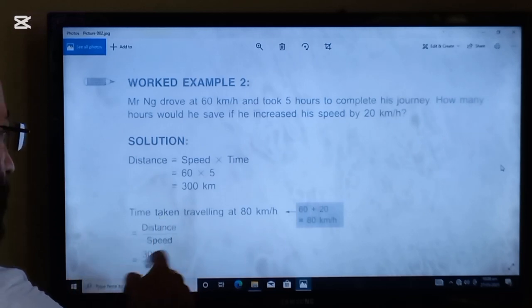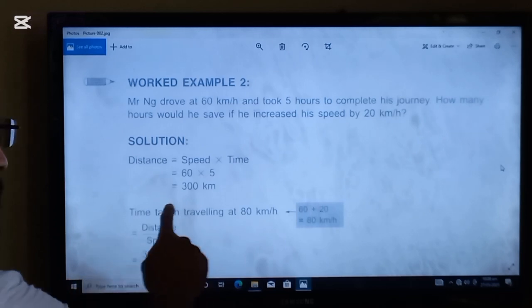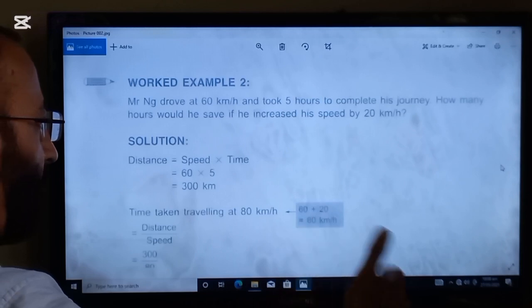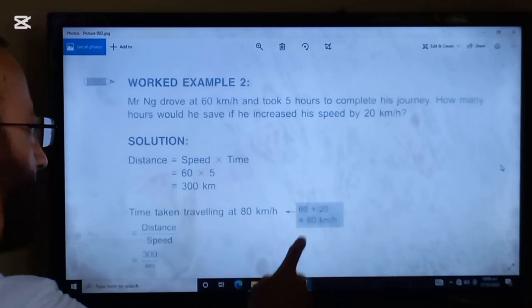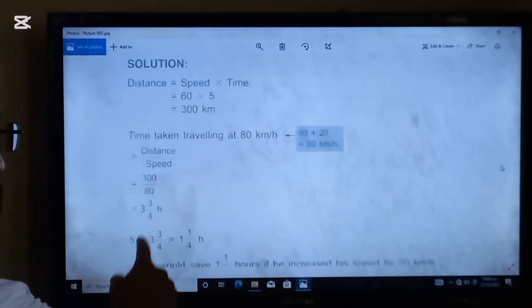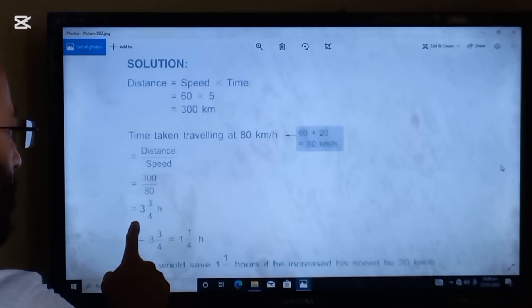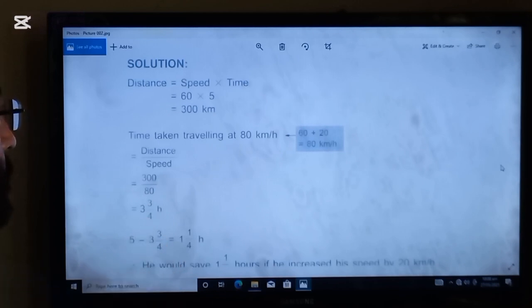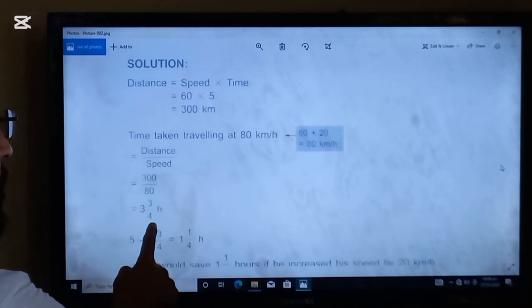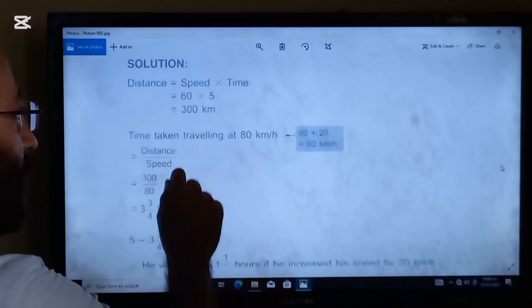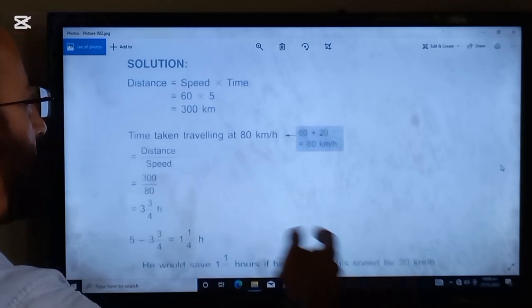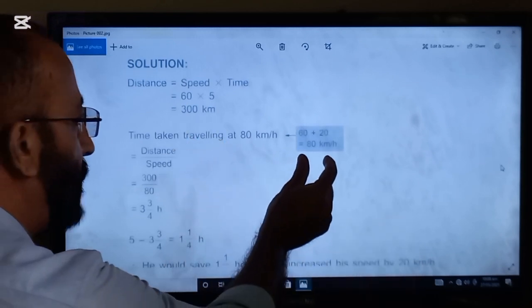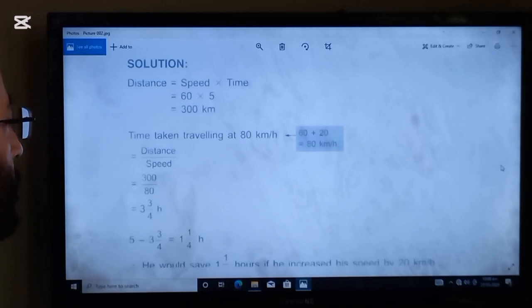So time is equal to distance over speed. Distance is 300 km which is required to cover and speed is now 80. Solving it on the calculator will give us the answer 3 whole number 3 by 4. So this is the time taken by the driver to cover the distance of 300 km at a speed of 80 km per hour.